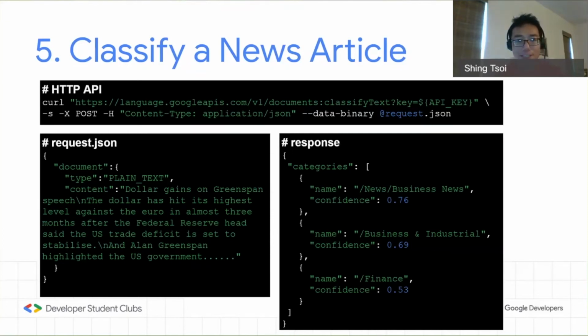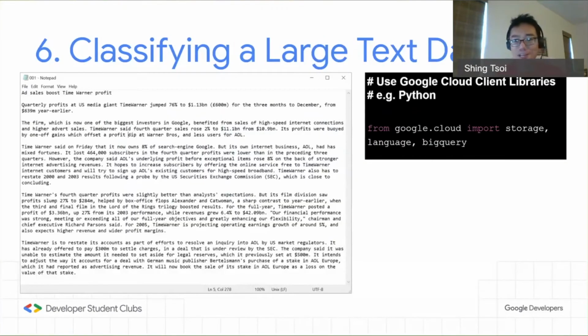But imagine if you have thousands of different news articles you have to analyze. You can't just copy and paste those commands one by one. So Google Cloud provides different client libraries for different programming languages you can use to help you organize your data set and then send each news article into the natural language API for processing.